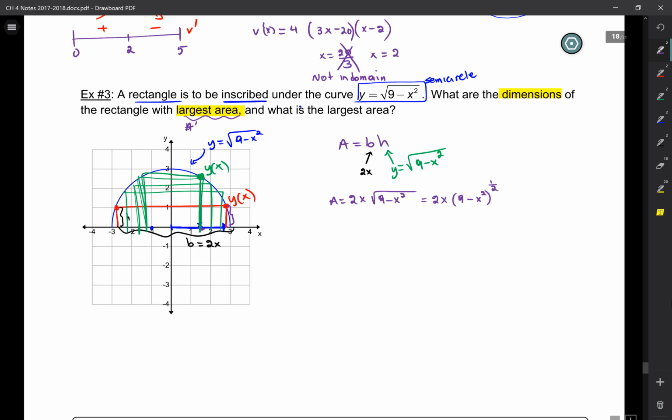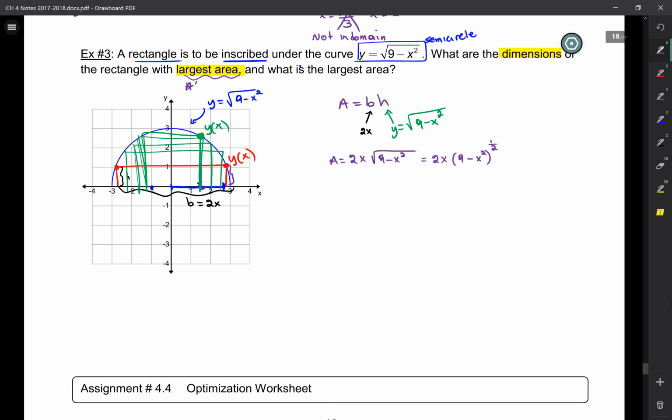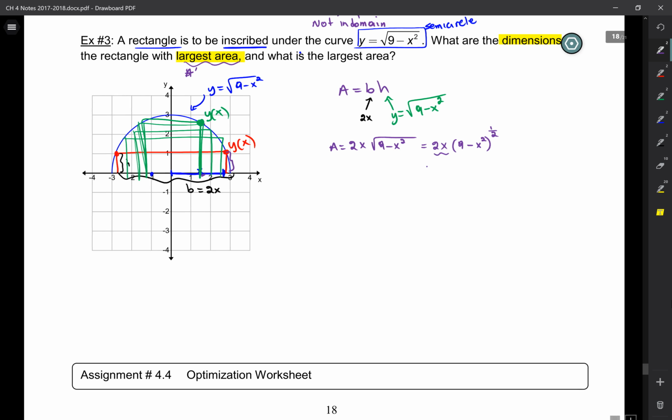Now, can we do U and V for A prime? So this is U, and V is this. U prime, and V prime is 1/2 times 9 minus x squared to the negative half.